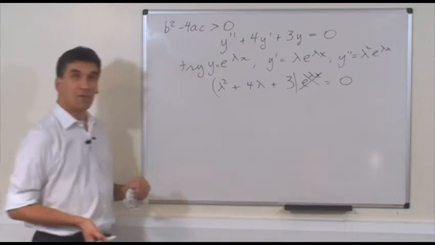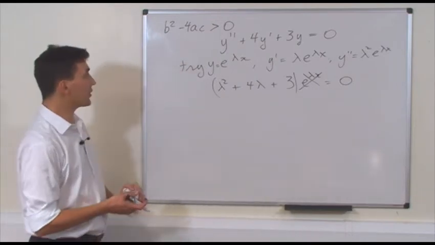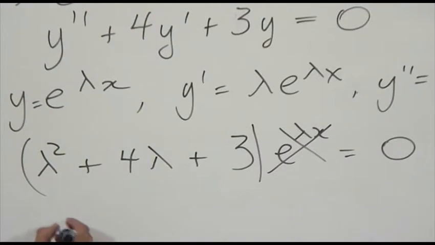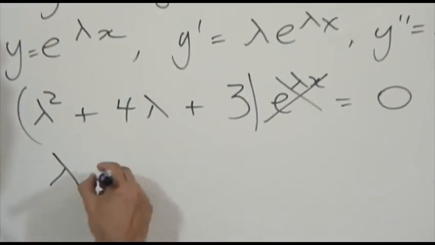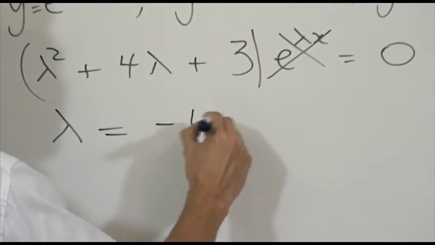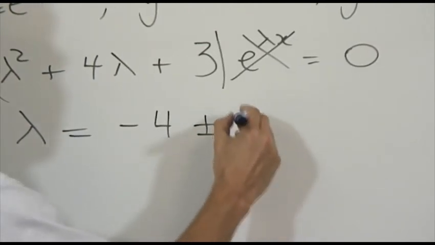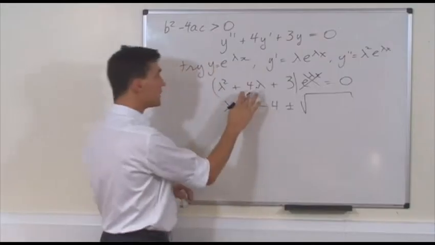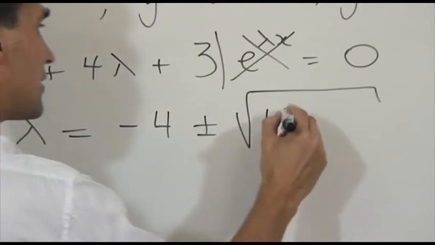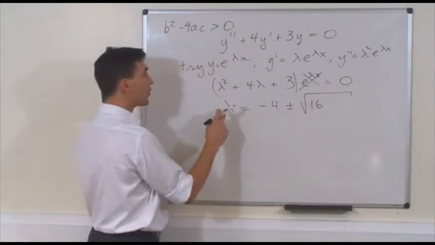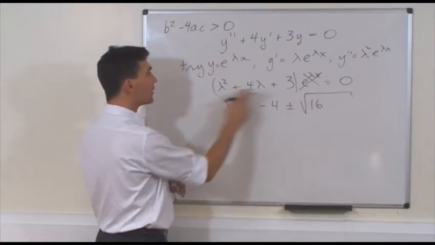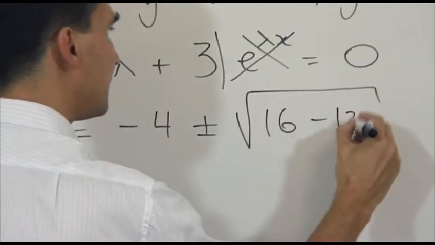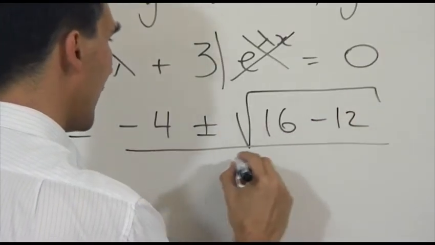You can either factor it, you can spot how to factor it, or if you can't spot how to factor it, we can use the quadratic formula. So the quadratic formula is lambda is minus 4 plus or minus the square root, so it's b squared, b is 4, so it's 16, minus 4ac, so it's 4 times 1 times 3, all divided by 2a.